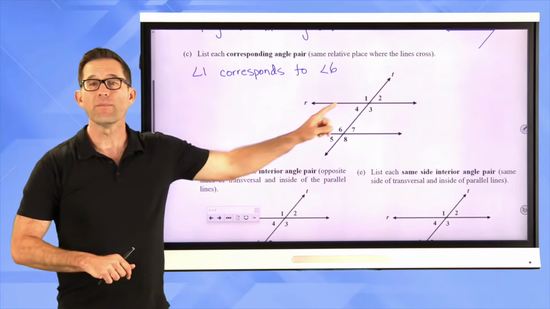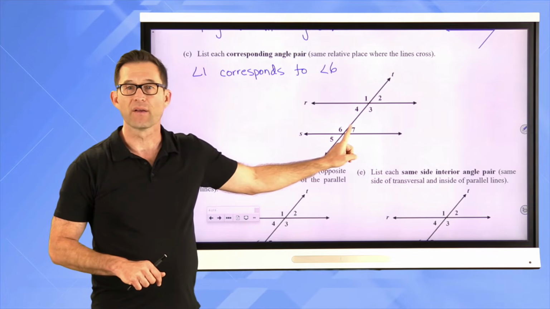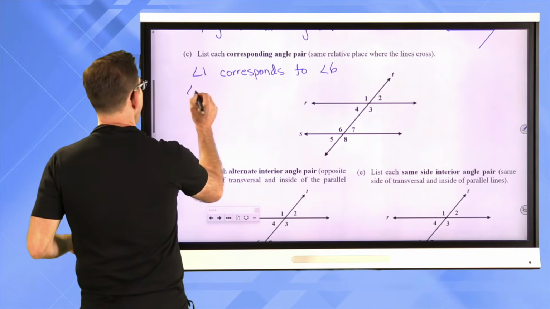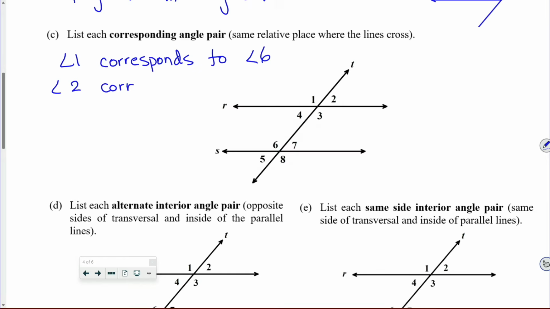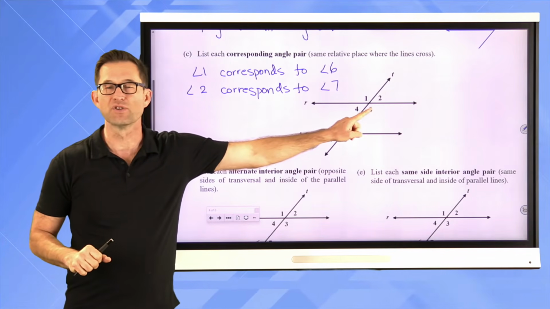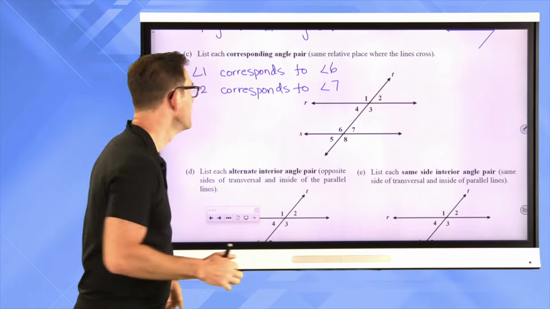All right, well, angle 2, upper right-hand corner, corresponds to angle 7, also upper right-hand corner. So angle 2 corresponds to angle 7. All right, and then let's nail out the last 2. Angle 3, which is below angle 2, will correspond to angle 8, which is below angle 7.